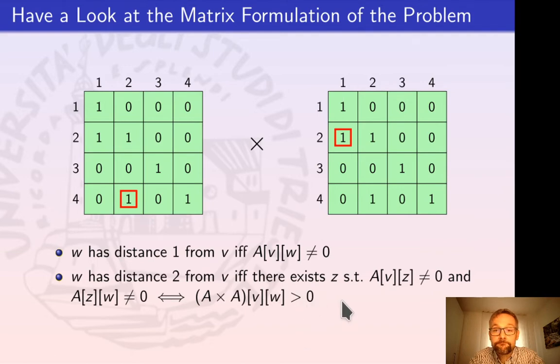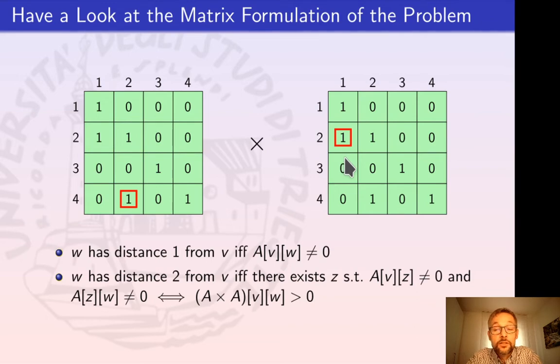Okay, so again, it is greater than 0 simply because we are dealing with 0, 1 matrices at the very beginning of the computation, but you know what I mean here, right? So the idea is to move from searching something in two different matrices to searching something in one single matrix, which is the multiplication between the two matrices we were dealing with at the beginning.